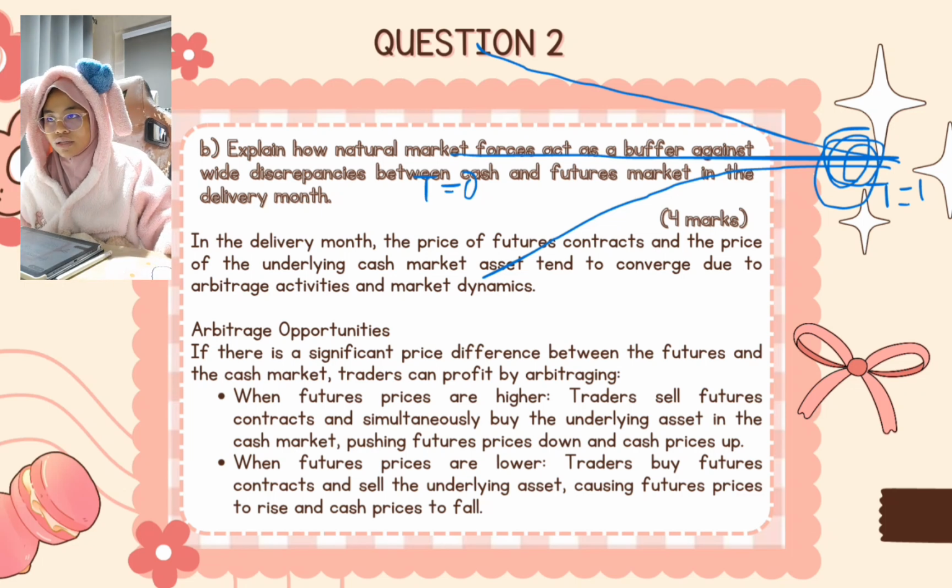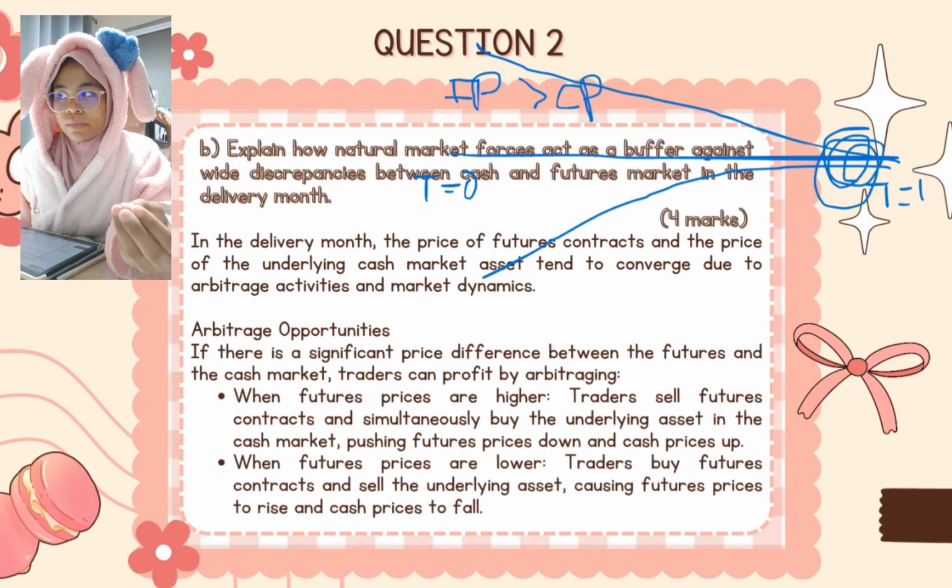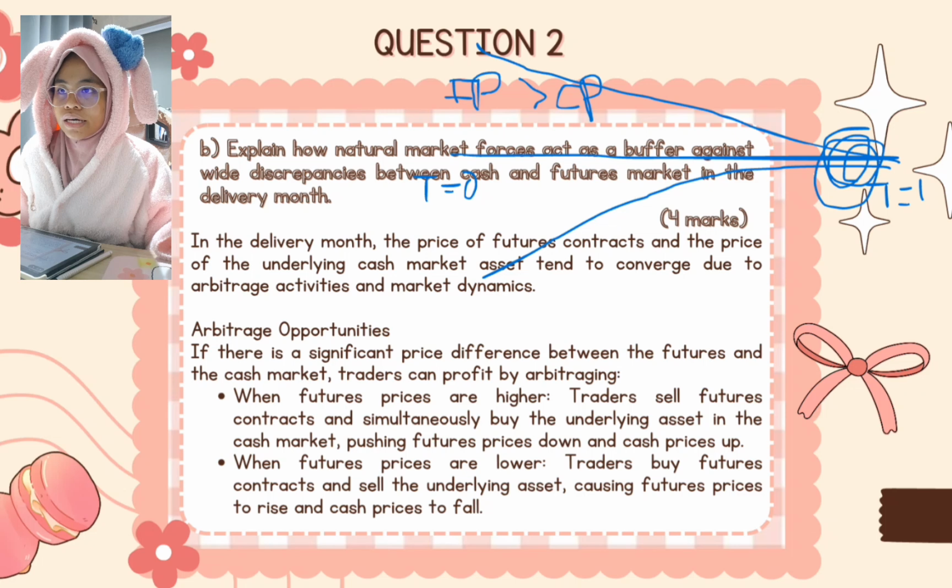So this is the first scenario where the futures price is higher than CP. Okay, this is also called normal market, where supply is more than demand.